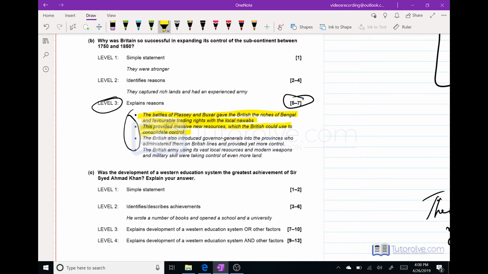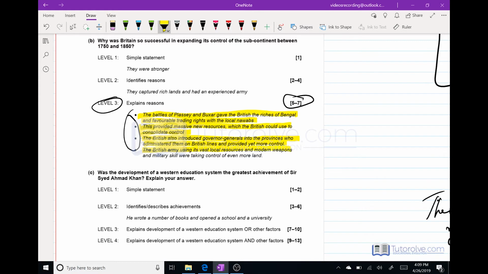The British also introduced governor generals into the provinces who administered them on British lines and provided yet more control. So, as far as the control part is concerned, as much of a weak central control the Muslims had during that 100-year period, the British started getting those little pockets of control by giving governor generals autonomy on each province, so they had more control and more access than the local rulers.